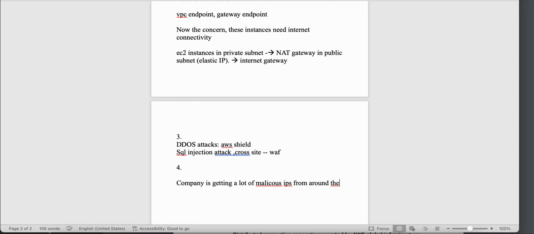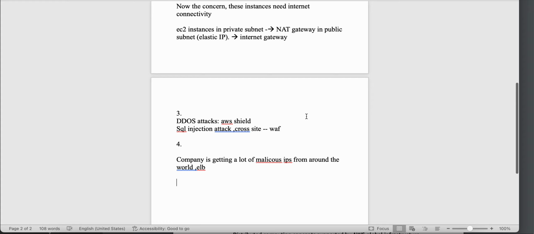I think they had an ELB. A lot of requests were coming through the ELB, requests which are not required, some malicious requests. Out of four options, two were straight away eliminated.